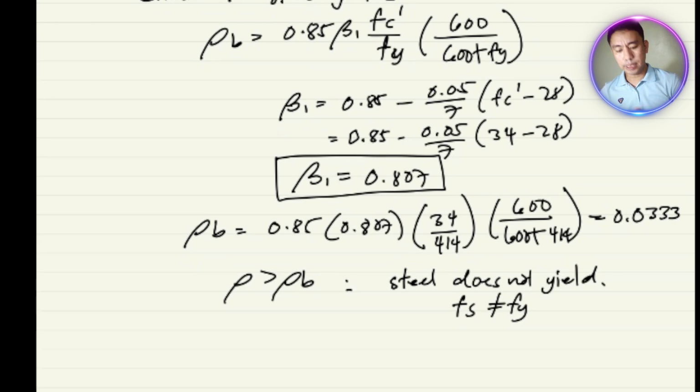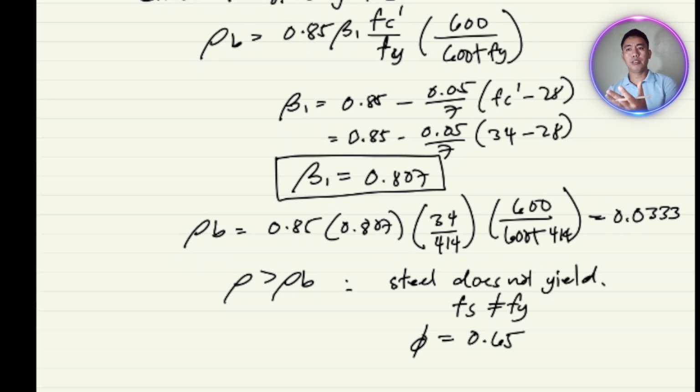So kung ang steel does not yield, that means phi is equal to 0.65. Okay? Kasi hindi naabot yung failure ng steel. So that means weaker yung concrete natin kaysa sa steel.